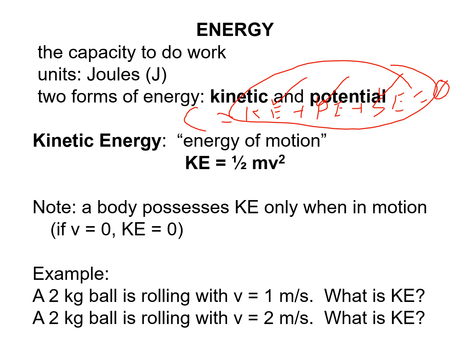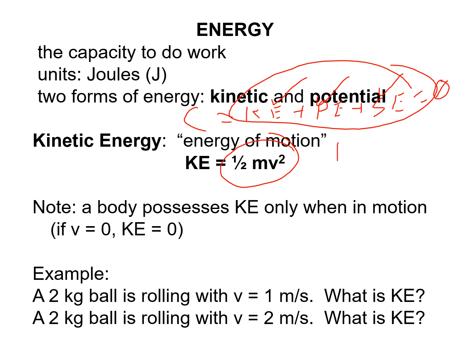So let's look at kinetic energy first. Kinetic energy is the energy of motion. It is equal to 1/2 of the mass of an object times its velocity squared. This is important that you remember how to calculate this, okay? Remember your order of operations.